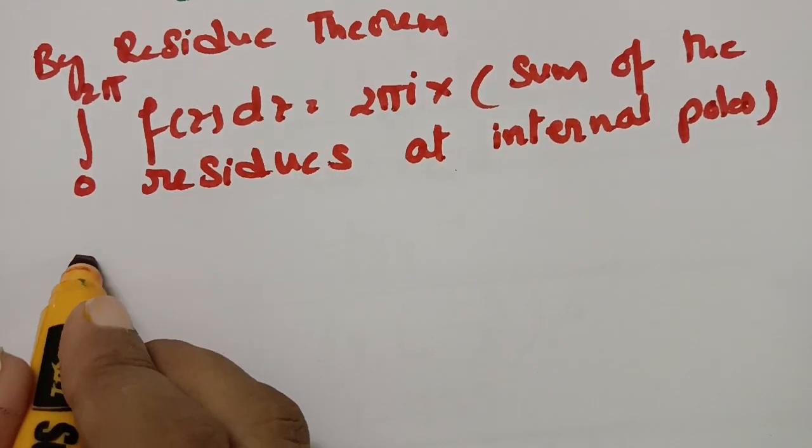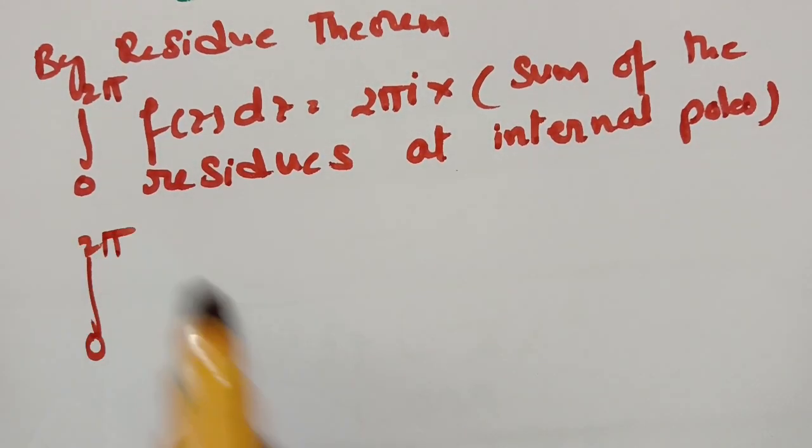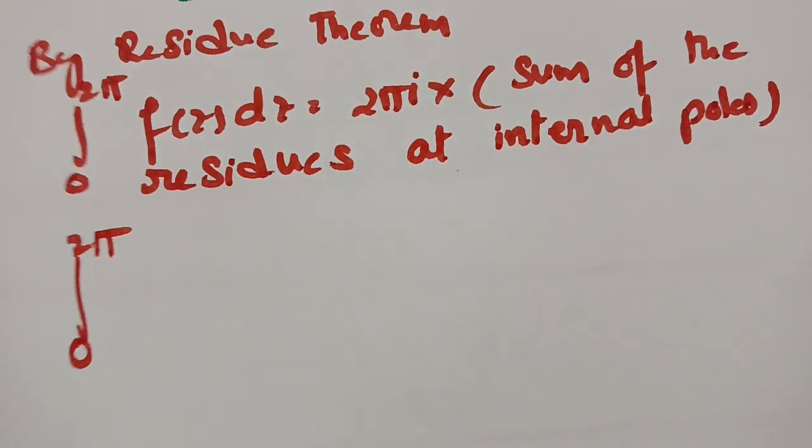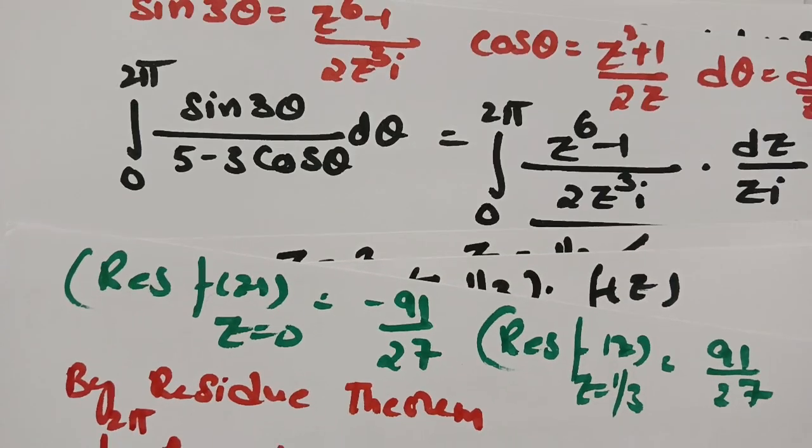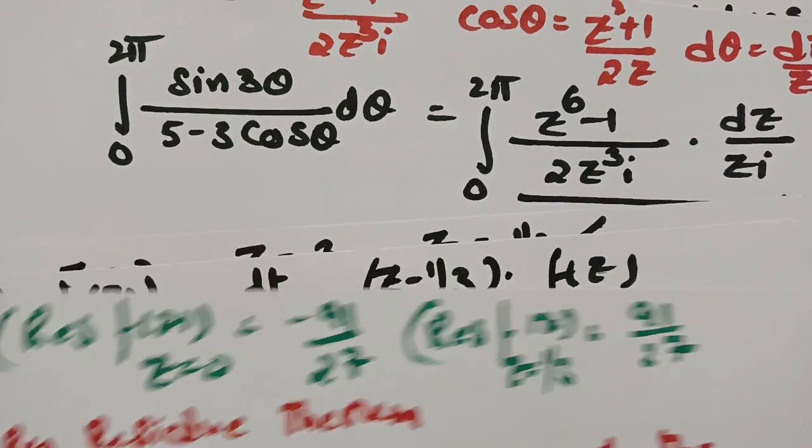So here the integral is from 0 to 2 pi, and this is sine 3 theta by 5 minus 3 cos theta.